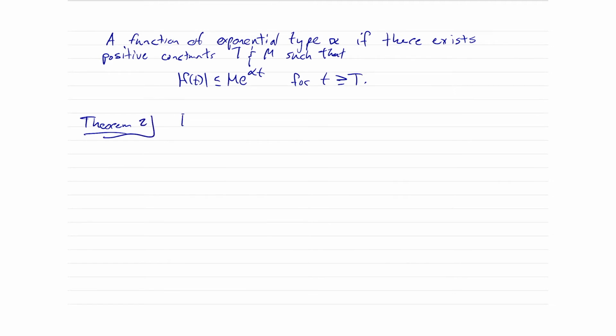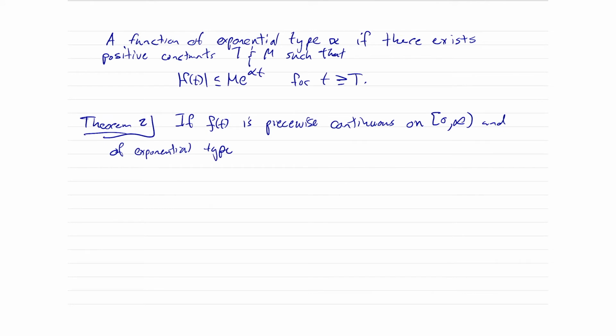What we get is that if f of t is piecewise continuous on, say, 0 to infinity, and of exponential type alpha, then the Laplace transform L{f}(s) exists for s bigger than alpha.